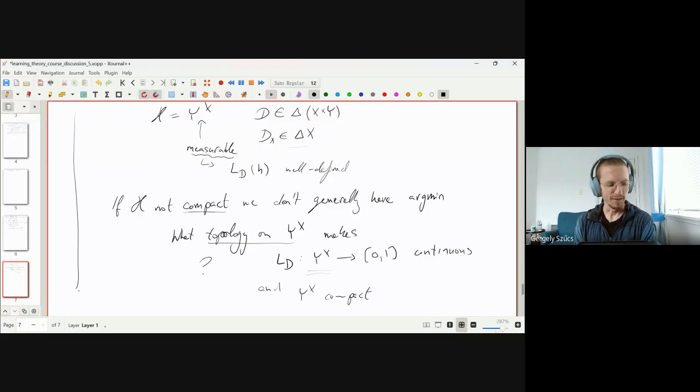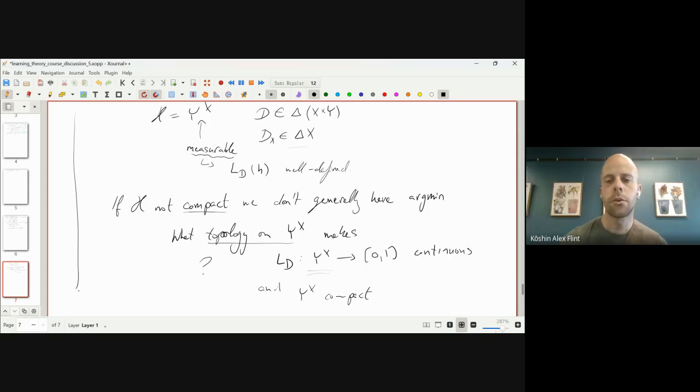But I thought it's worth mentioning that there's quite a bit of subtlety here if you don't assume things to be finite. So basically, you can't pass from a distribution on X to a probability density function without making assumptions about the topological structure of X. That makes sense, actually.